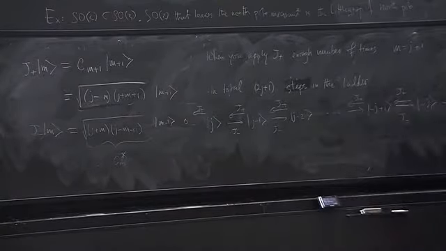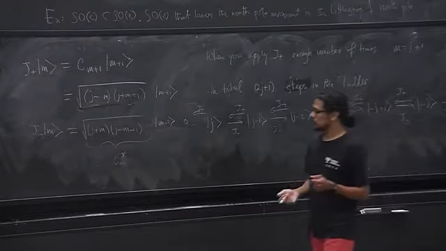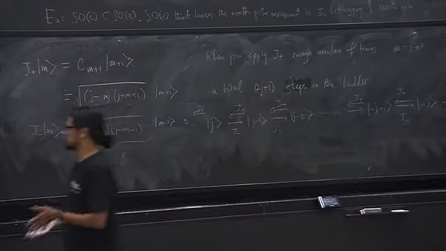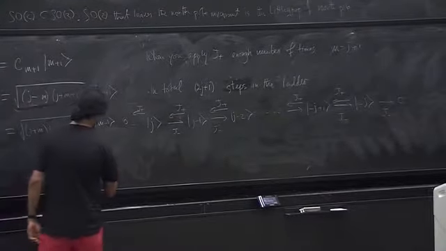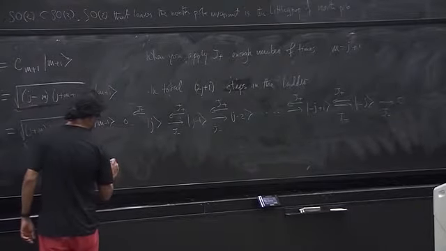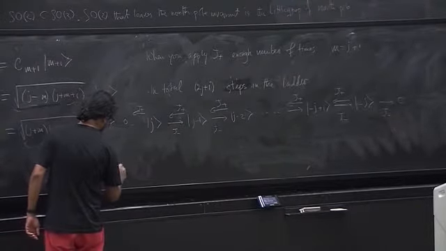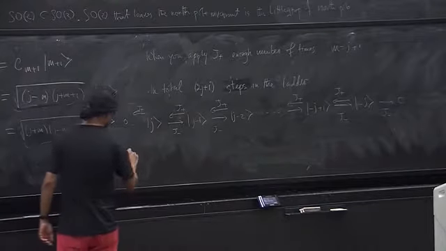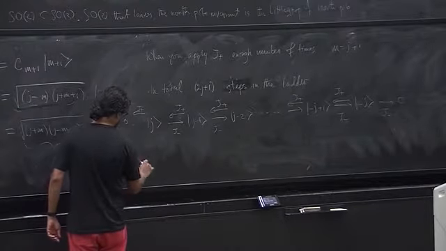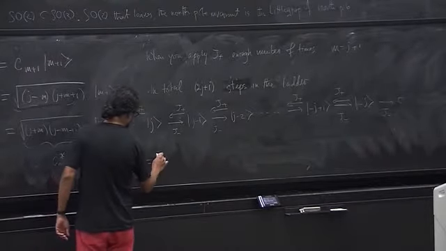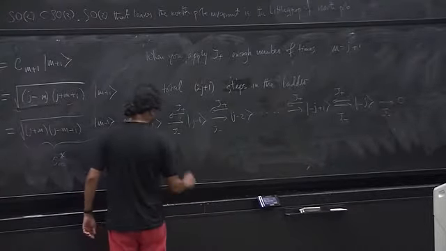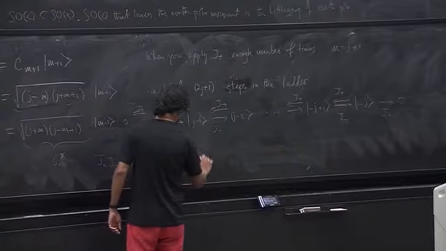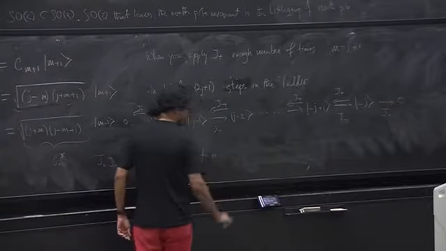So I haven't really told you what j is. We only know that j is either an integer or half integer. As you know, j is the eigenvalue of the J squared operator. So the J squared operator acting on m will give you j times j plus 1 times m for any m.